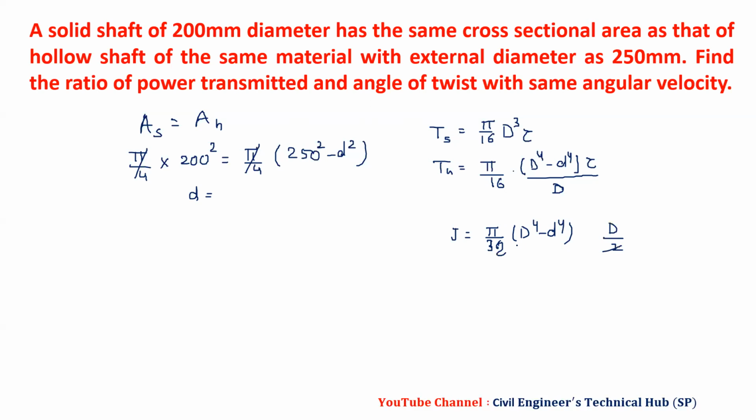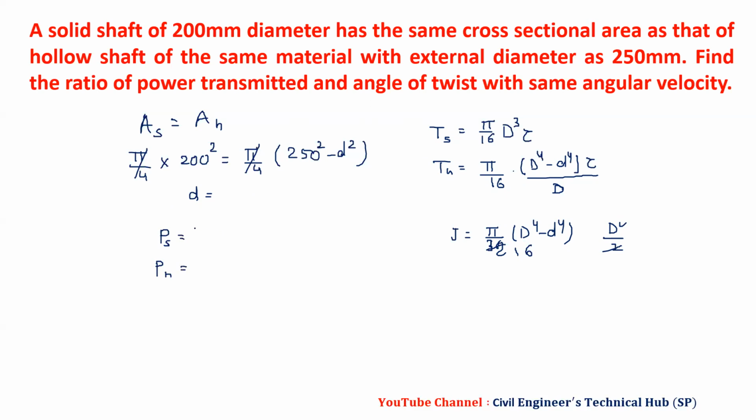So this 2 gets cancelled, so pi by 16 will be there for D4 minus d4, and this D will remain as it is. So from this we can find T, and knowing T, we can find power for solid shaft and power for hollow shaft.